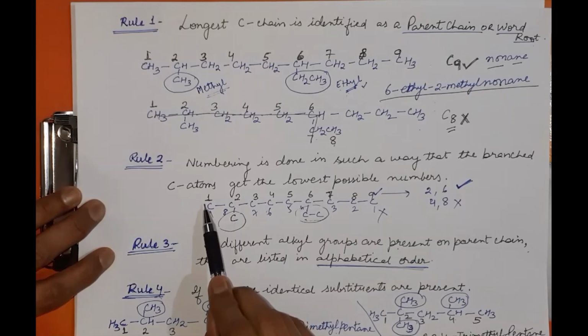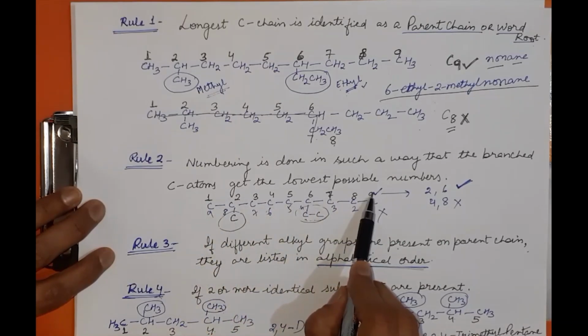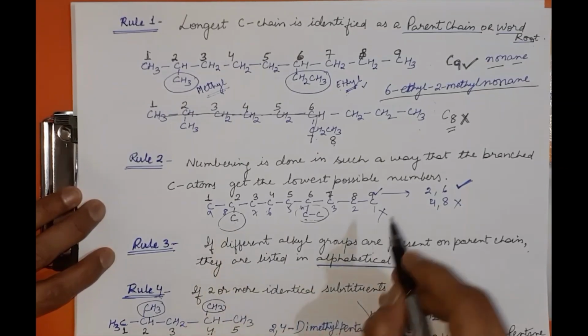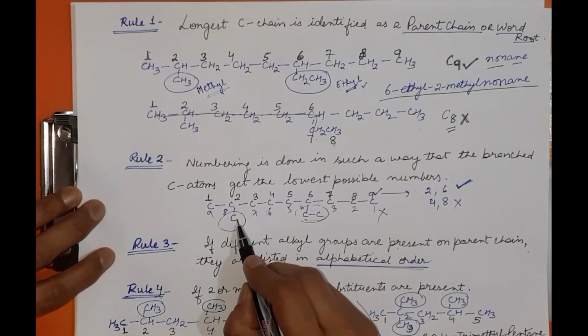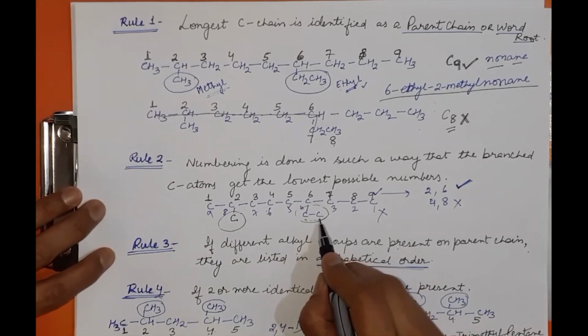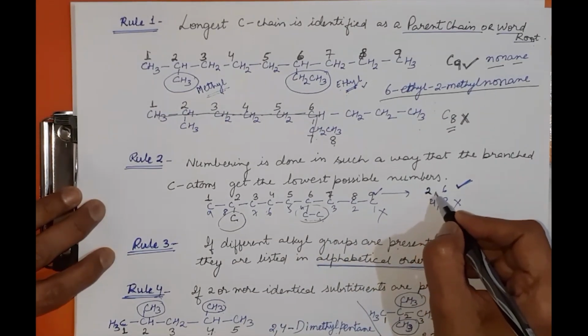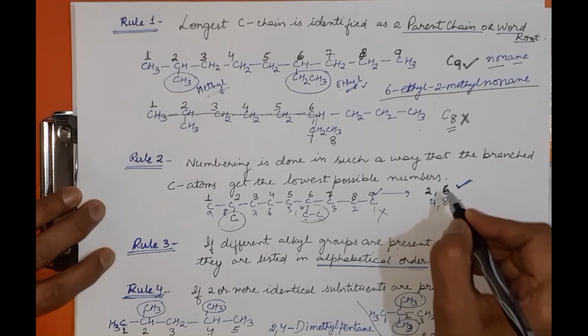If we do numbering from left to right, then the side chains will get the numbers C2 and C6.